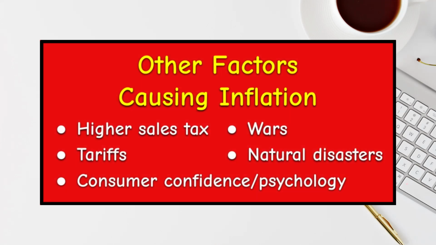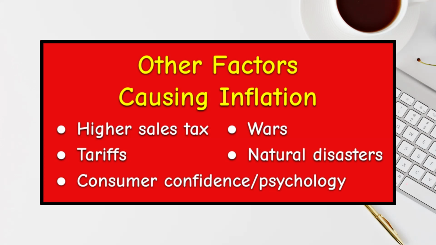As you can see, the Fed and the U.S. government are incredibly powerful institutions, and understanding how they work is a key to understanding inflation. There are other factors that can cause inflation by affecting the supply and demand of goods and services. For instance, if a government decides to increase a sales tax, then goods and services will likely become more expensive.